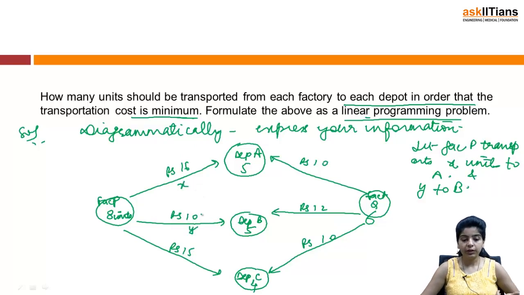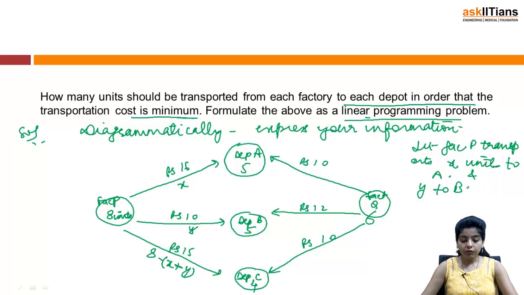Now the total capacity of factory P is just 8 units. So the remaining it will deliver to C. That means I will subtract X plus Y from 8, and this much quantity the factory P will be delivering to depot C.